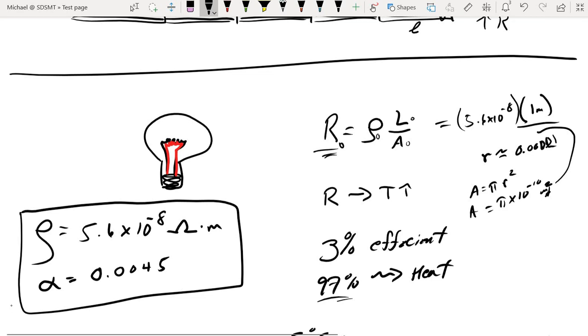And that value is going to go in right there. I'm going to invert that value, times the 1 for the length, times the 5.6 times 10 to the negative 8, which gives me an initial resistance value of 178 ohms.